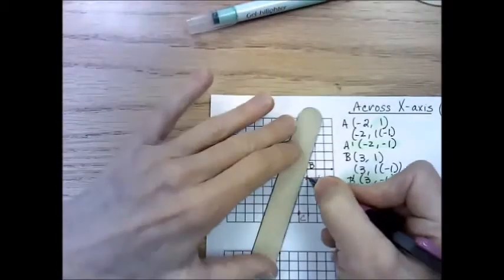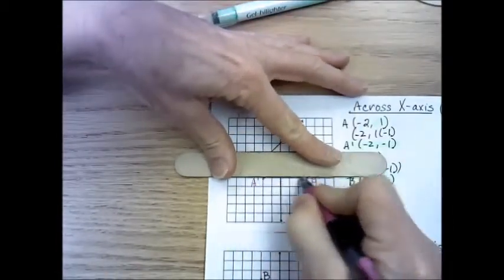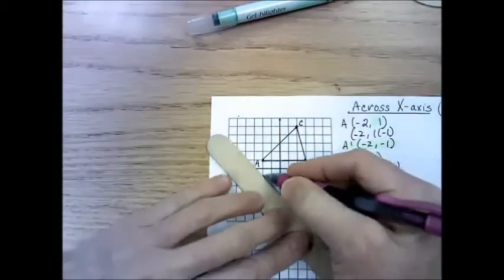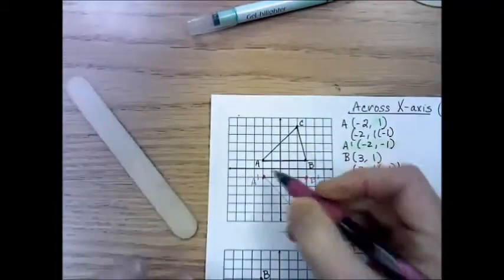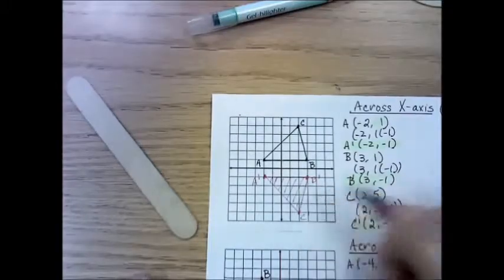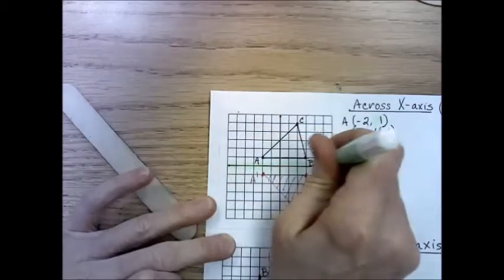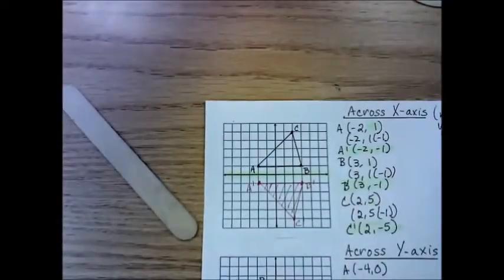And when we connect, we'll see our mirror image reflected across x. All right, and there we see our new triangle. If we were to highlight x here and fold on that line, you see that those two shapes would be exactly congruent and on top of each other.